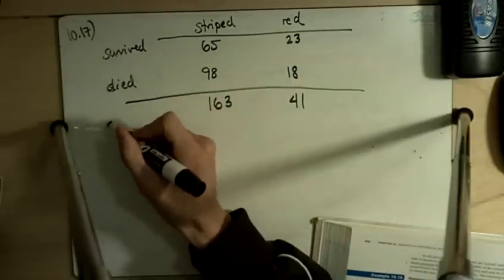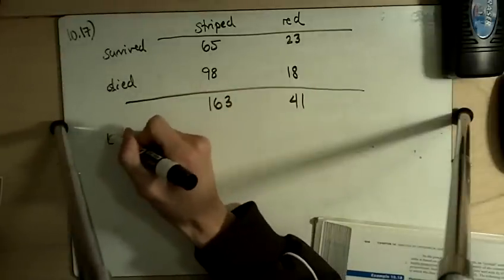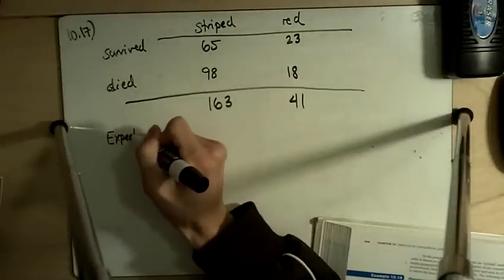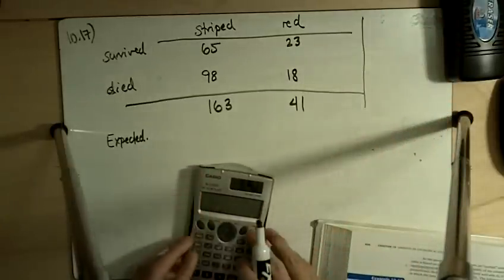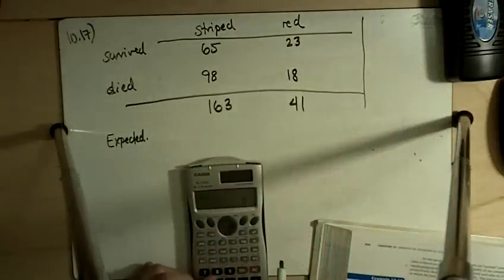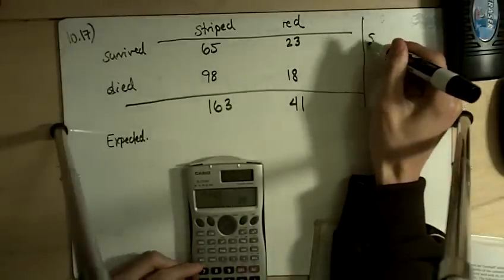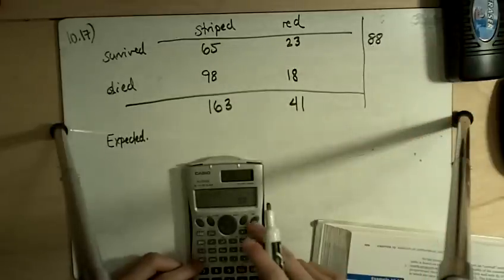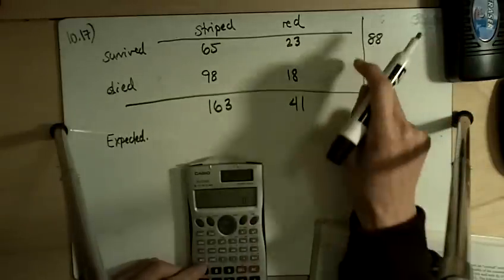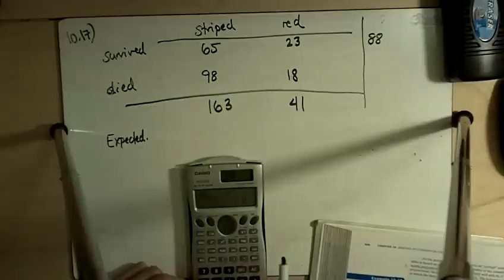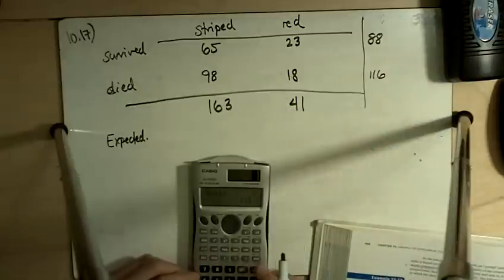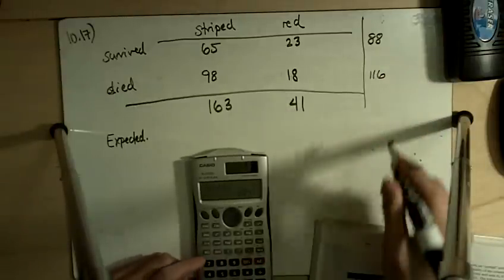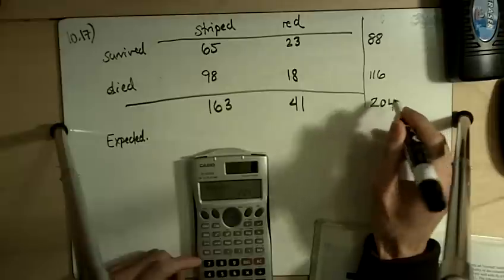So I'm going to put the expected values in parentheses. Over here, the total number that survived is 88, and the total number that died is 116, out of a total number of 204 salamanders.